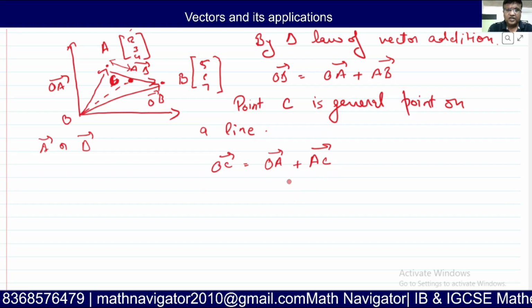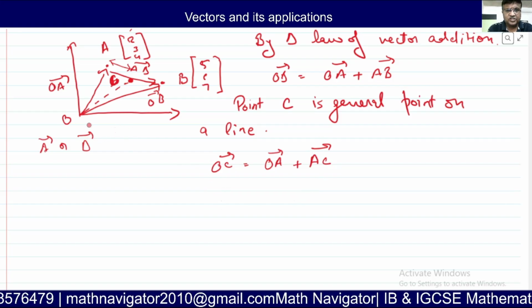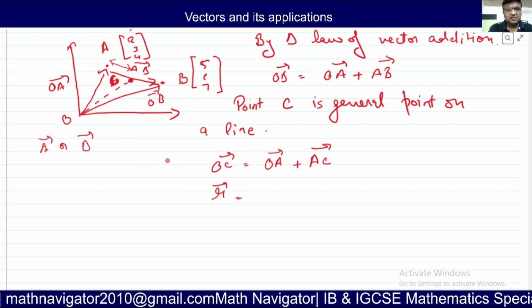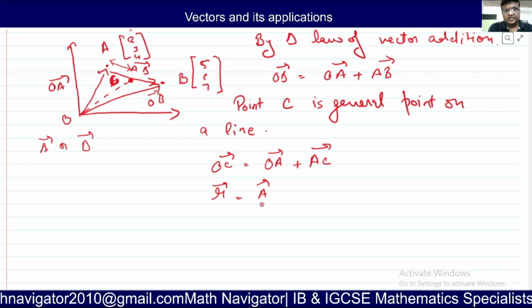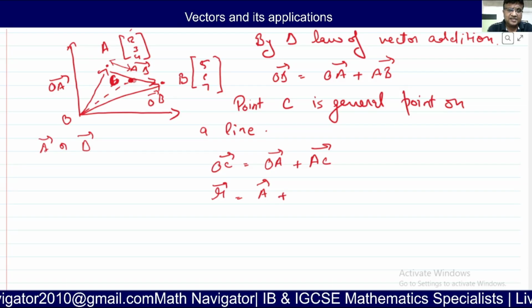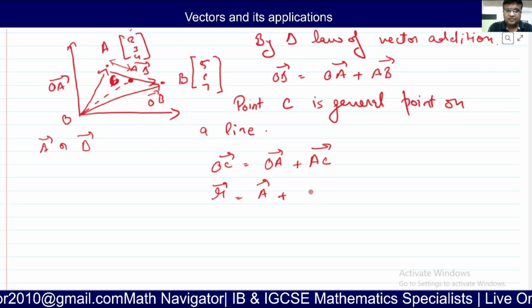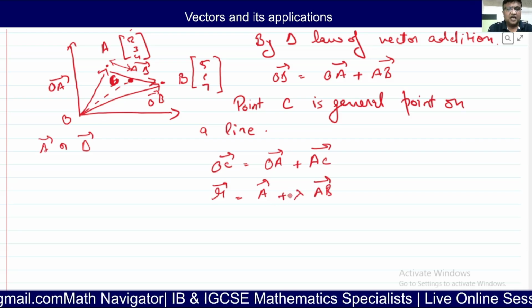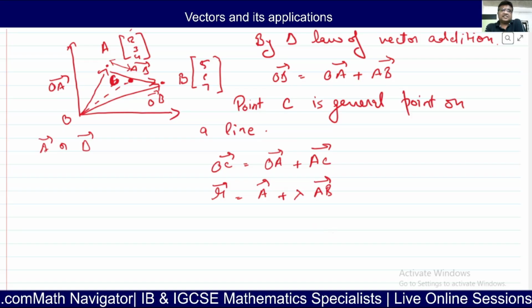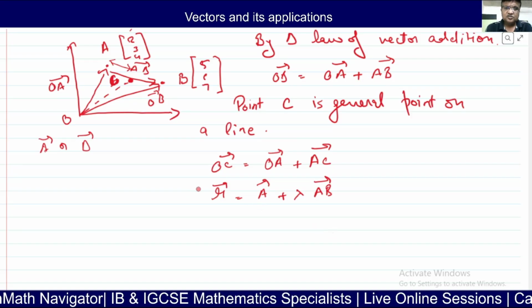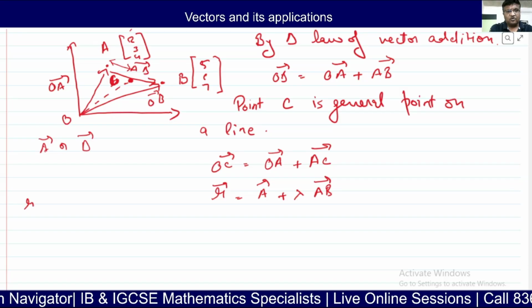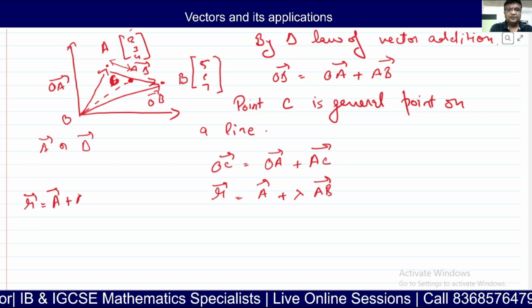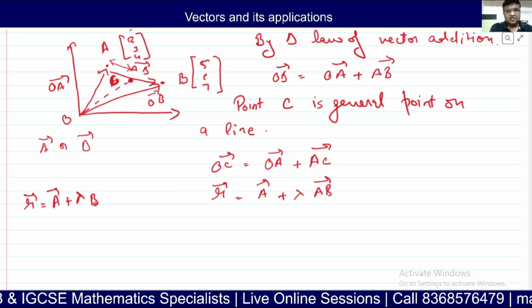So instead of calling it vector OC, I'm calling it vector R. This is equal to vector A plus AC, which is some multiple of vector AB. So I'm calling it lambda vector AB. This lambda can be half, or 1/4. So this is any scalar multiple of vector AB. So here I've got vector R is equal to vector A plus lambda vector AB.